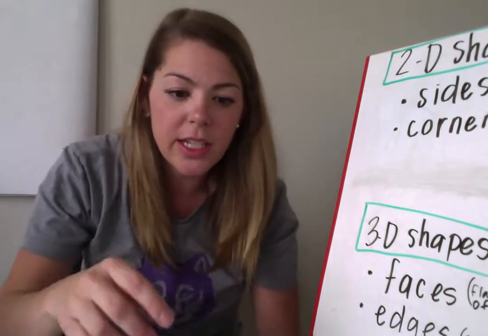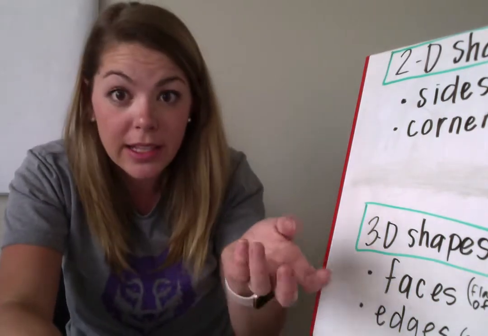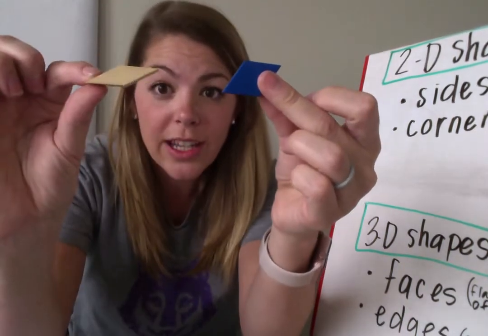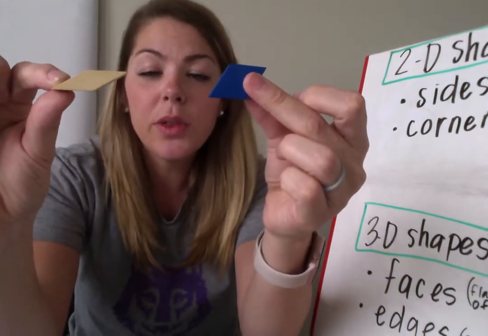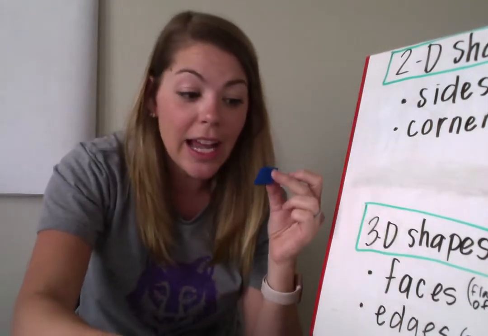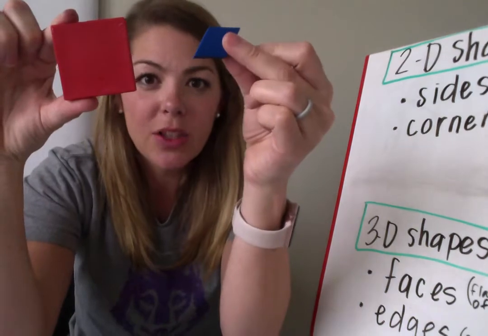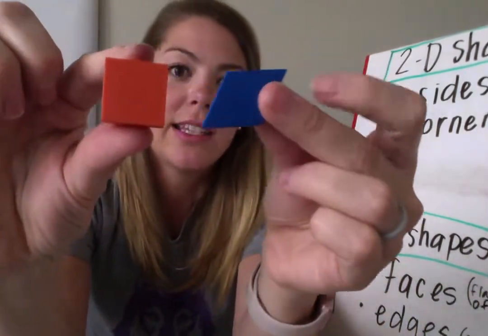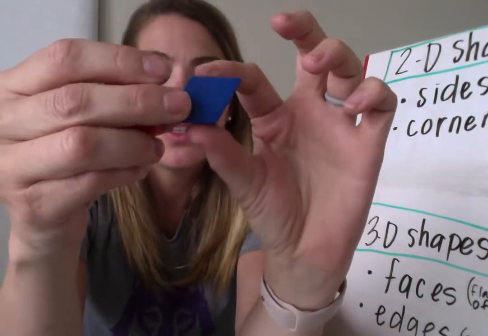Another shape that I wanted to introduce is a rhombus. And a rhombus could either look like this or it could look like this. So both of these have 4 sides and 4 corners. And it's almost like a square, but the square has been tilted onto its side. Maybe this square is a little bit better because they're kind of the same size. So I wish I could hold this a little bit better for you.